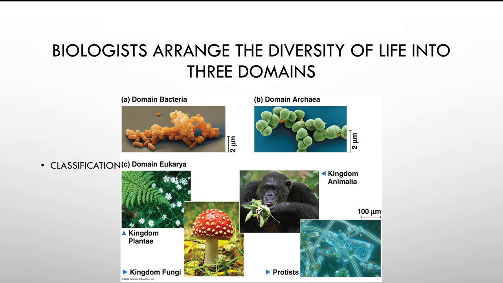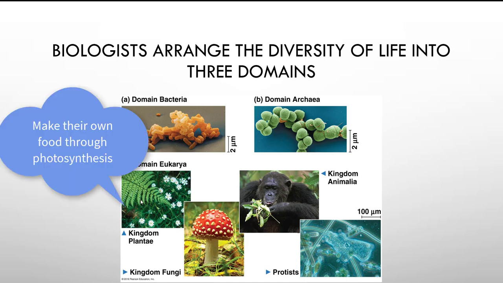Domain Eukarya, those are again the organisms that have eukaryotic cells. And we typically divide them into 3 or 4 classifications. 3 of them are known as kingdoms. So we have kingdom Plantae, so plants, the autotrophs, the ones that photosynthesize, that make their own food.